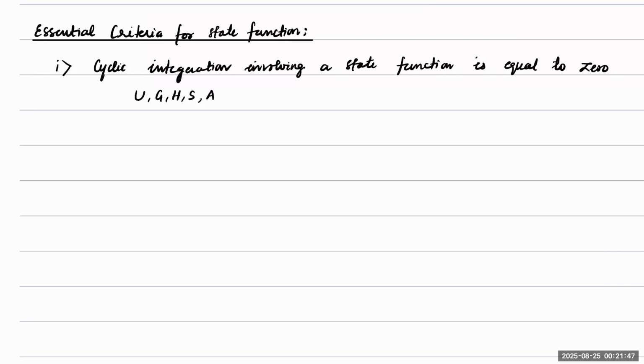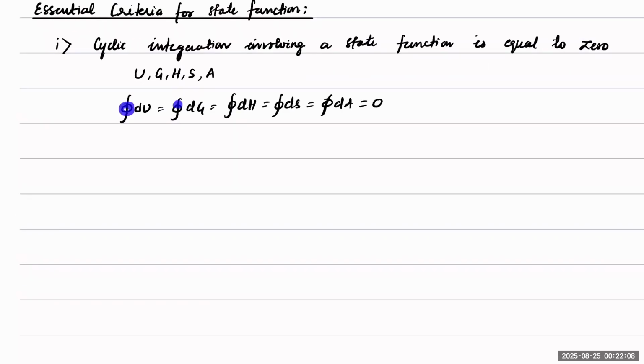So the cyclic integral, you have to put this circle, of dU, integral dG, integral dH, integral dS, integral dA is equal to 0. This circle sign on the integral represents cyclic. Because they are state functions, it has to always be equal to 0. Clear, everybody?